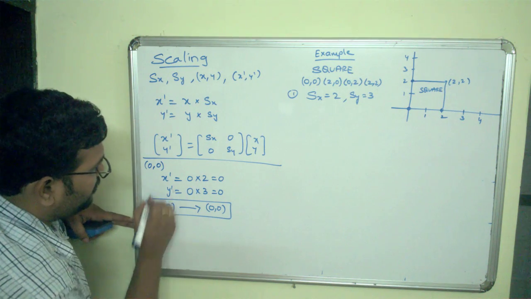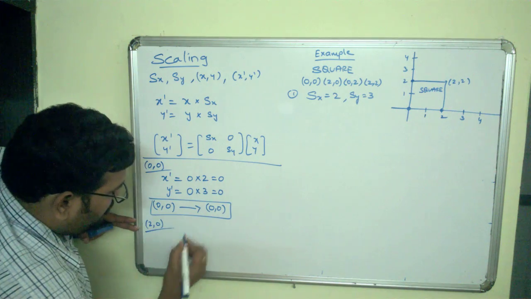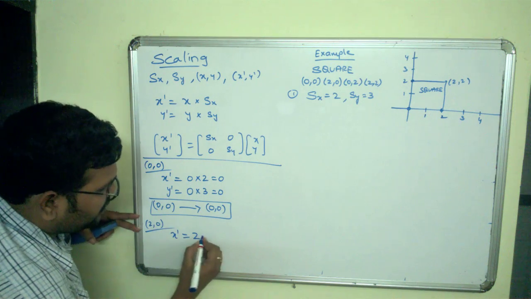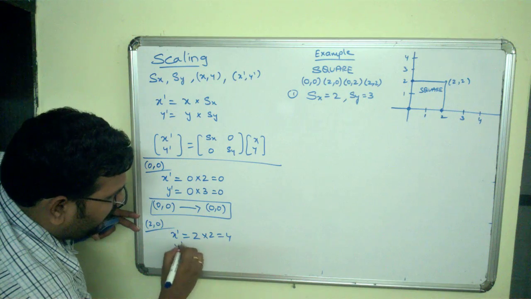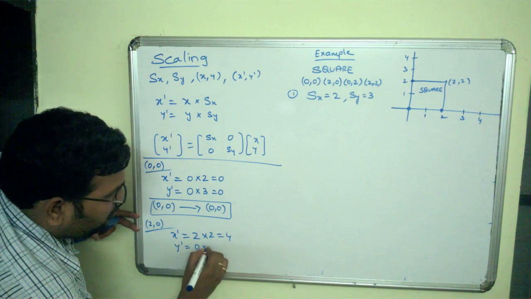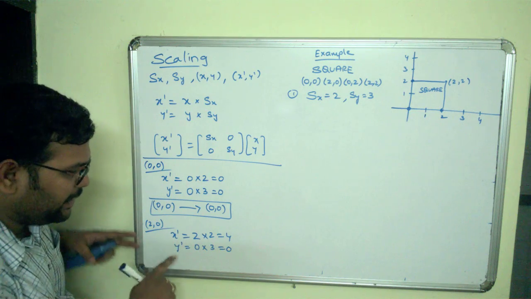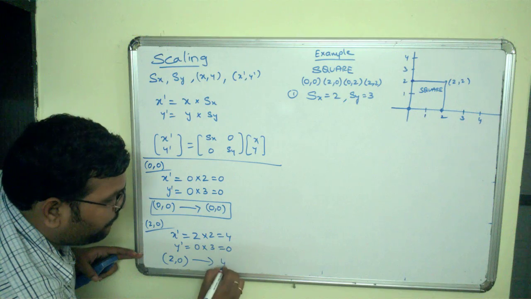Coming to the second point 2 comma 0. So x dash is equal to x into Sx. So 2 into 2 is equal to 4. Y dash is equal to 0 into Sy, that is 3, is equal to 0. So after scaling the second point 2 comma 0 becomes 4 comma 0.